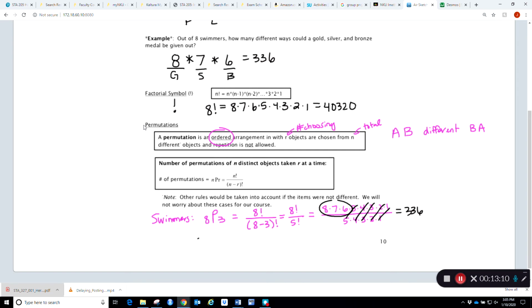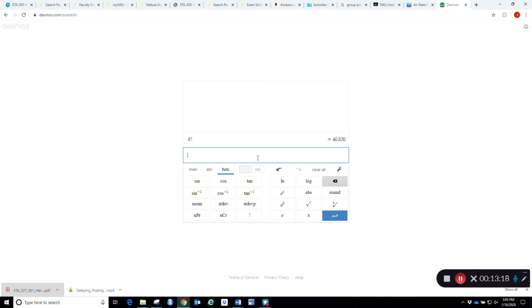Now, how do we put that into our calculator? We're going to hit 8, then that NPR key, and then 3. So I'm going to do 8, NPR, 3, and hit enter. At least that's how you would enter it on your calculator.